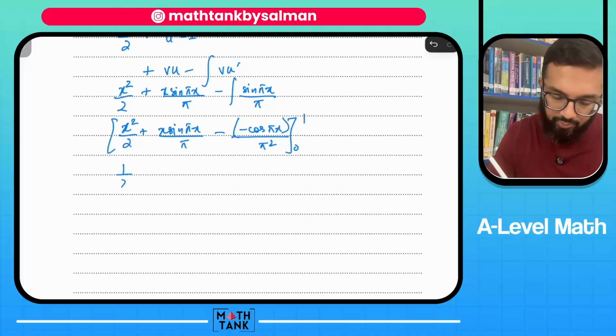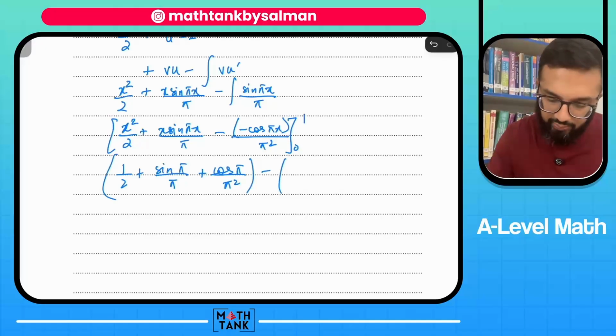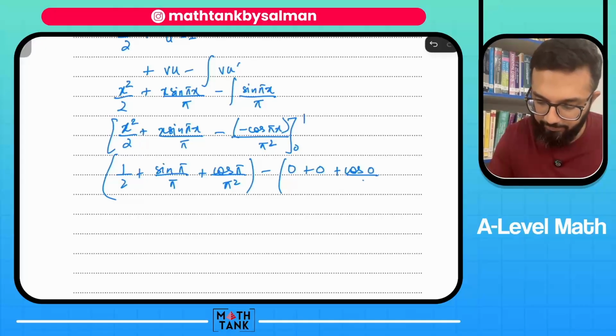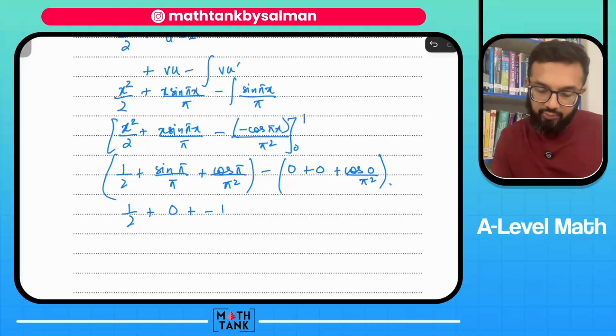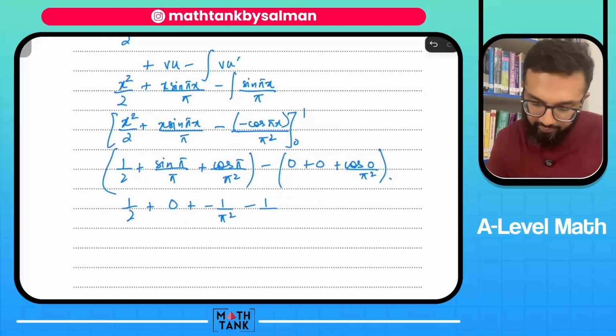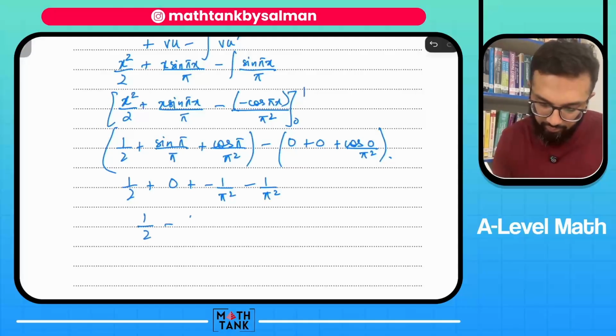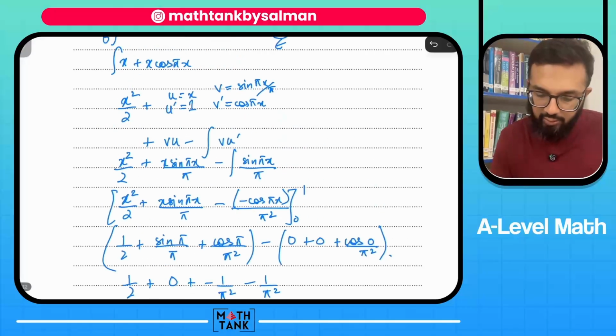So 1 over 2 plus sine pi over pi plus cos pi over pi squared, minus the first one is 0, the second one is also 0, plus cos of 0 over pi squared. So sine pi is 0, so that becomes 0. Cos pi is -1, so -1 over pi squared, and then another -1 over pi squared. Okay, 1 over 2 minus 2 over pi squared. I think that's the proof that I wanted.